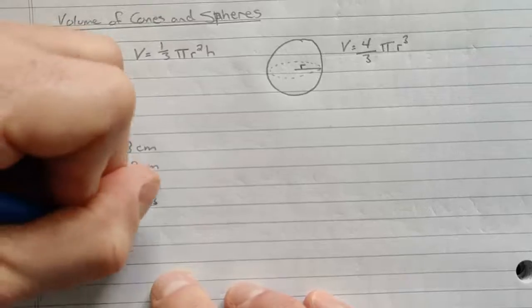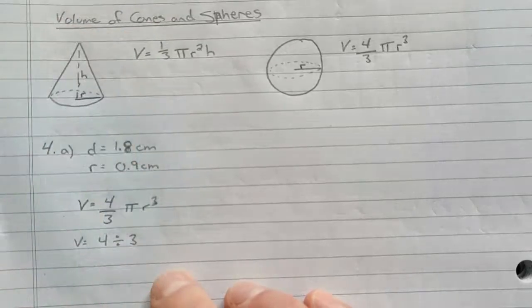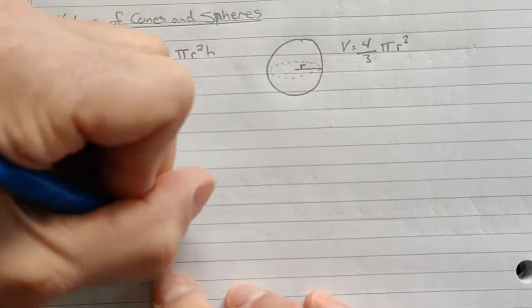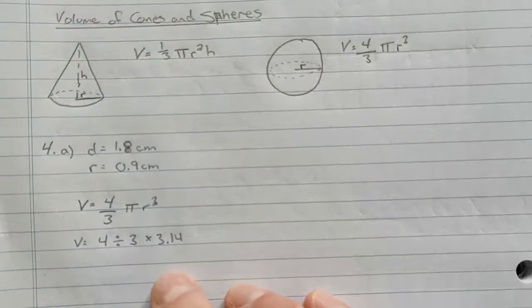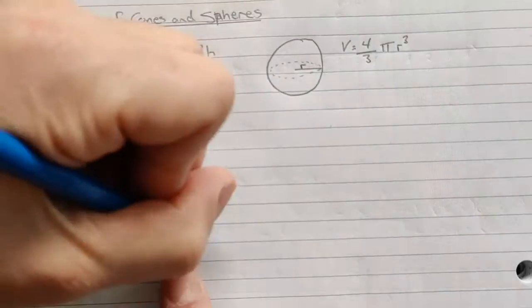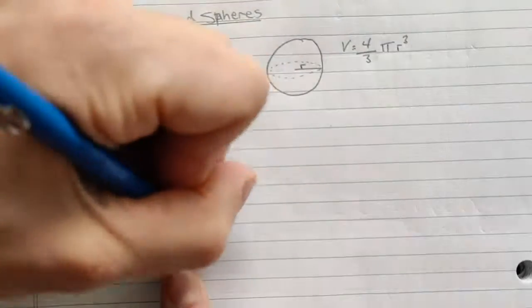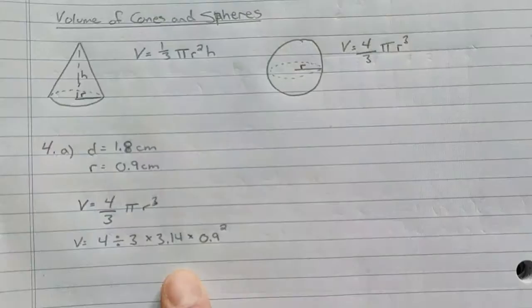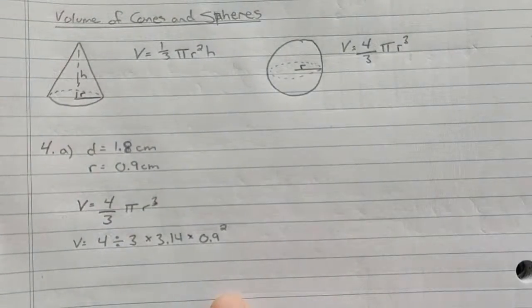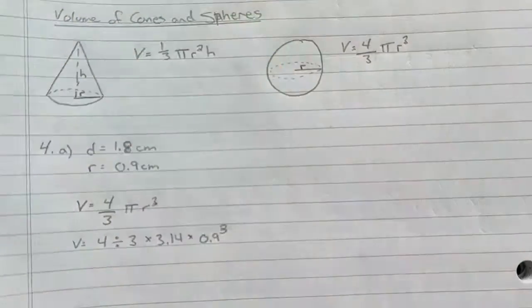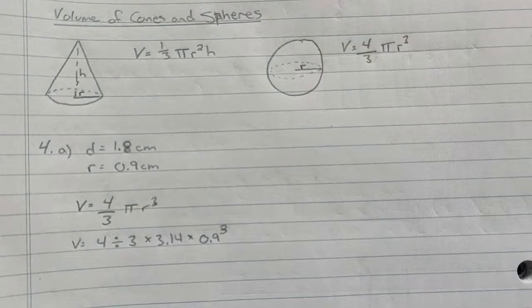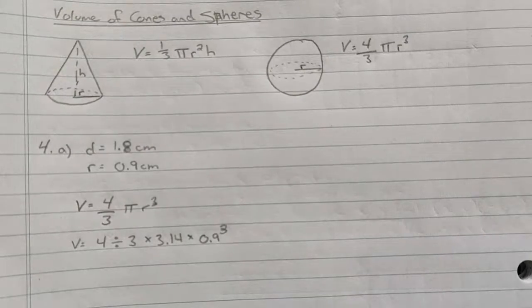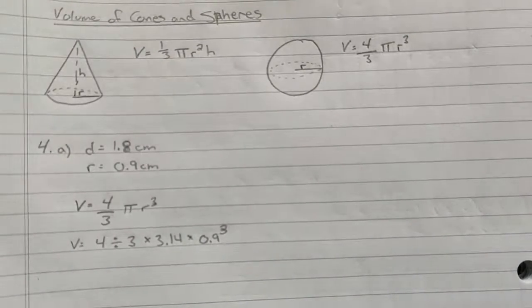This is what you could type in your calculator here. 4 divided by 3 times 3.14 times the radius, which is 0.9, cubed. Do that, and you should get yourself the volume of the sphere, or a chocolate ball in this case.